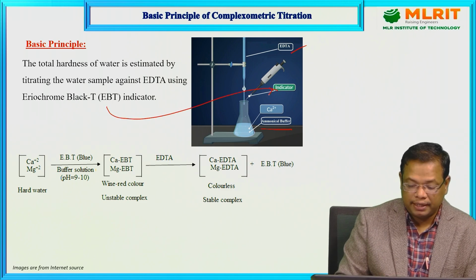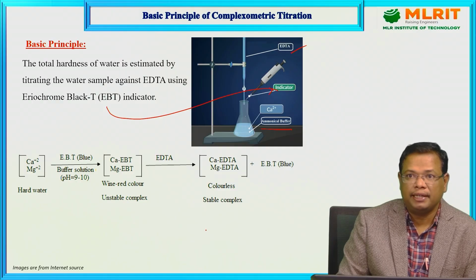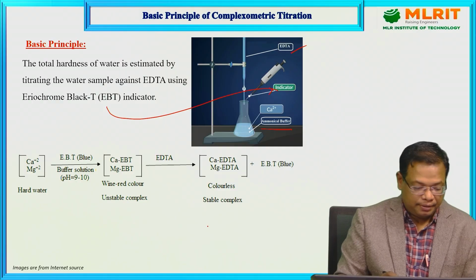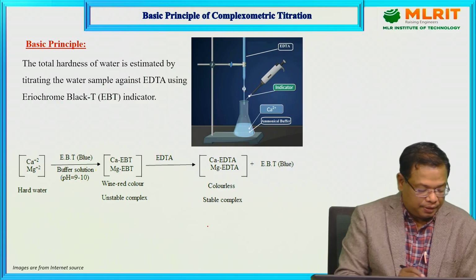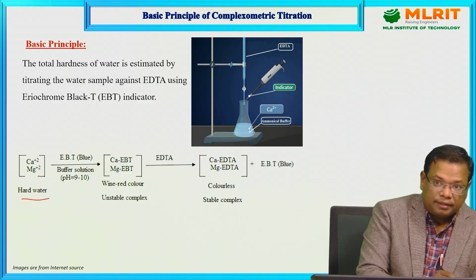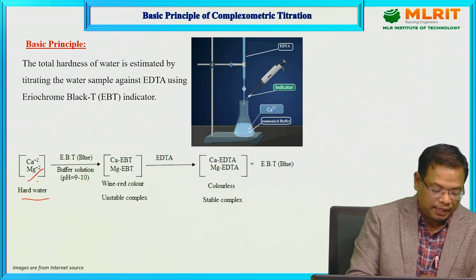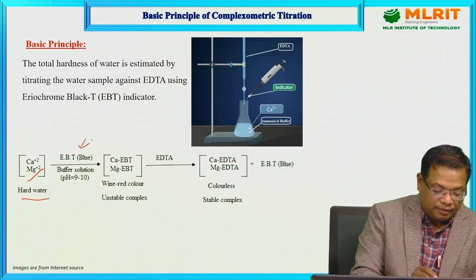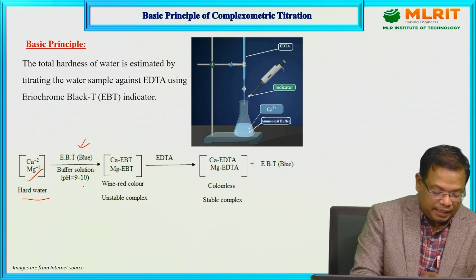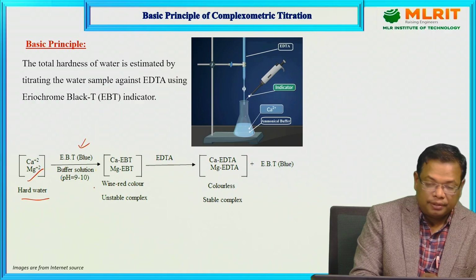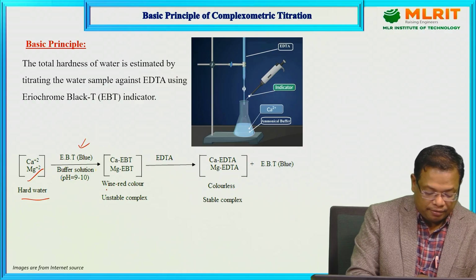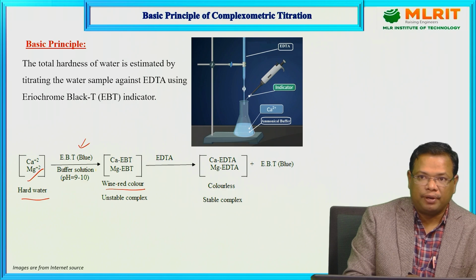We add the EBT indicator to find the end point of the reaction. So initially, hard water having Ca2+ ions and Mg2+ ions, with the EBT under basic conditions, buffer solution of pH 9 to 10, a wine red colored solution will be formed.